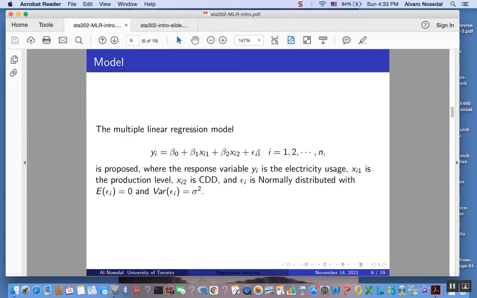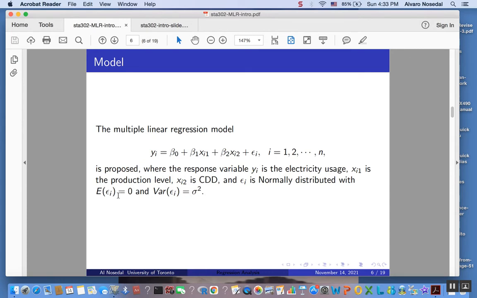The assumptions about the fluctuations, the epsilons, are going to be the same. We are assuming that they are normally distributed, mean 0, variance sigma square, meaning we have a constant variance.